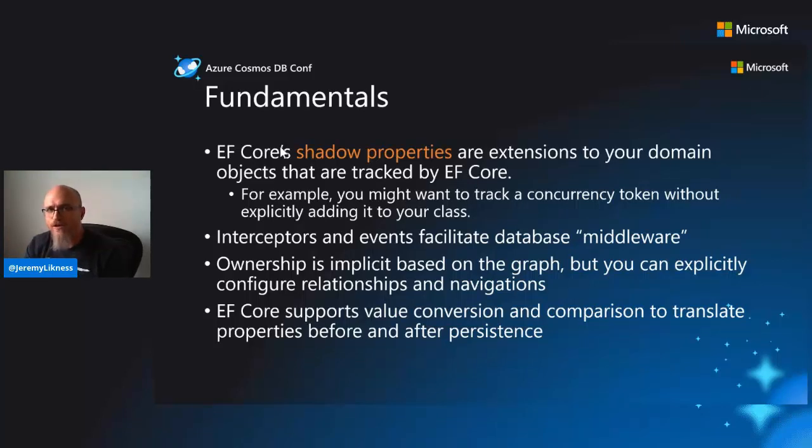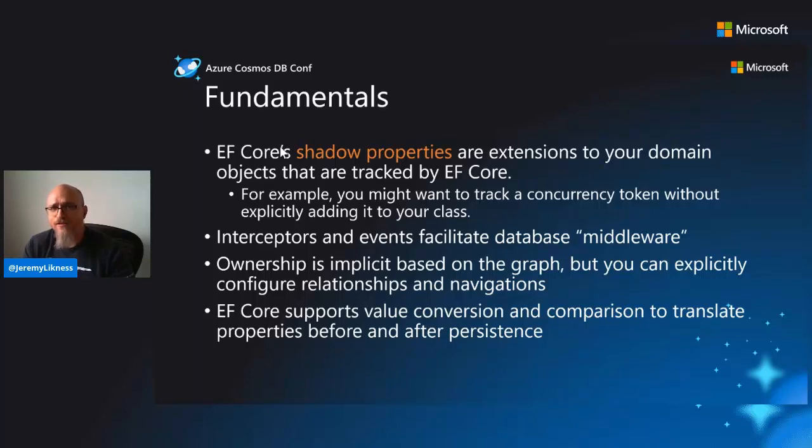Now in the demo I'm going to show you, I explicitly track concurrency because I support disconnected updates. In other words, I'm not creating a long-lived context and doing a lot of changes. I'm doing very snapshot transactions, which is typical of web applications, but it's good to know. You have interceptors and events, which are like database middleware, so I can plug into the pipeline and make things happen. As you saw with the configuration, ownership is implicit, but then it can be explicitly configured.